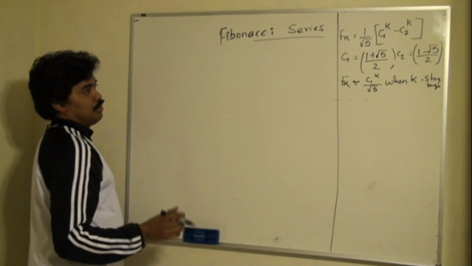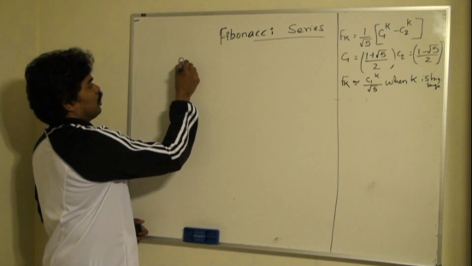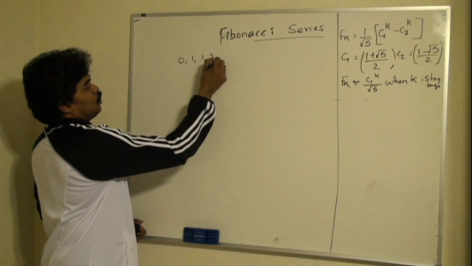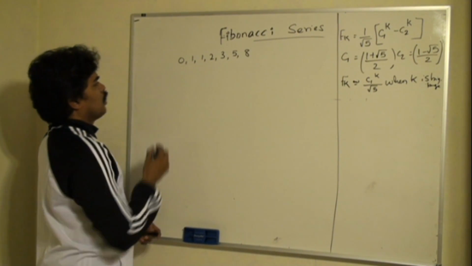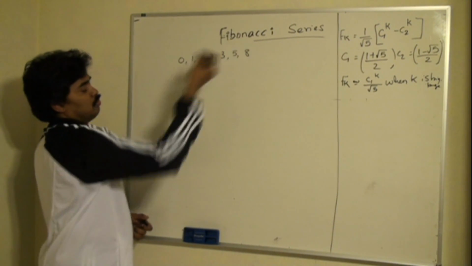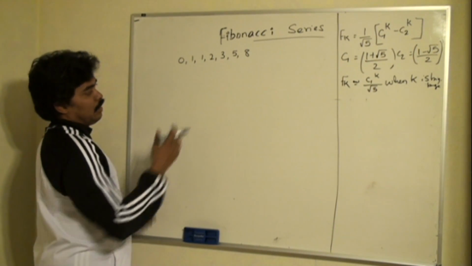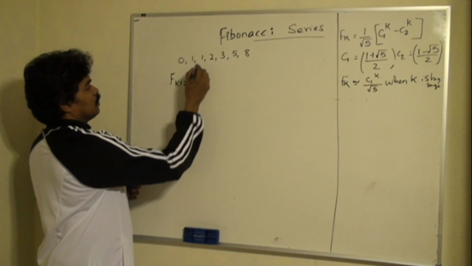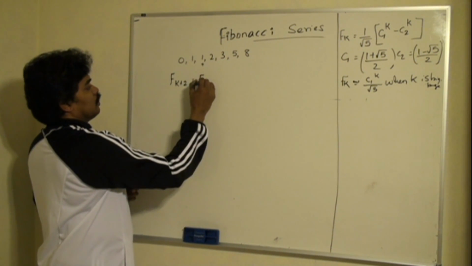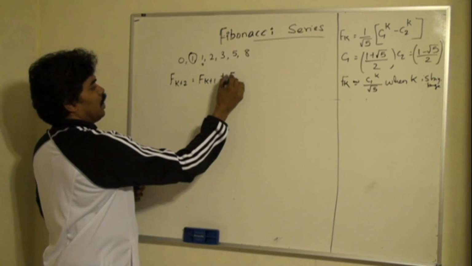Here is the Fibonacci series, let me write it down one more time: 1, 2, 3, 5, 8. If you watch closely, as I mentioned, this is how the subsequent element is derived. Let's say you take fk plus 2, which is this element, equal to fk plus 1, this element, plus fk.